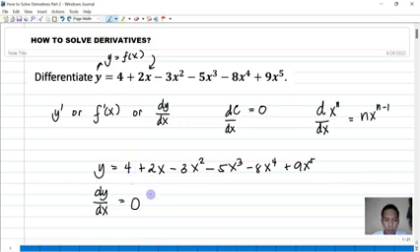And we have here 2x. So basically guys, yung derivative ng 2x with respect to x is just 2. So another property that if you have a coefficient and a variable, yung derivative niya with respect to x is just the constant. So yung derivative ng 2x with respect to x is just 2.